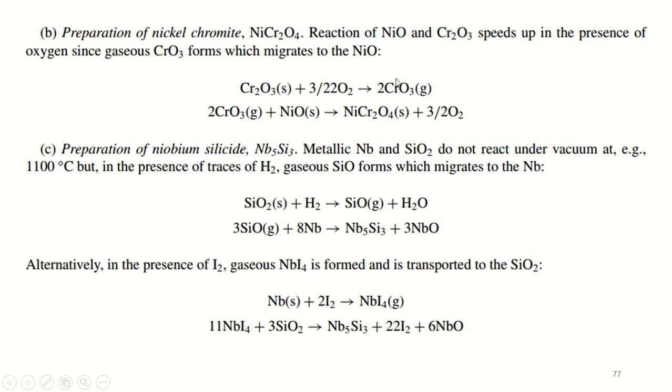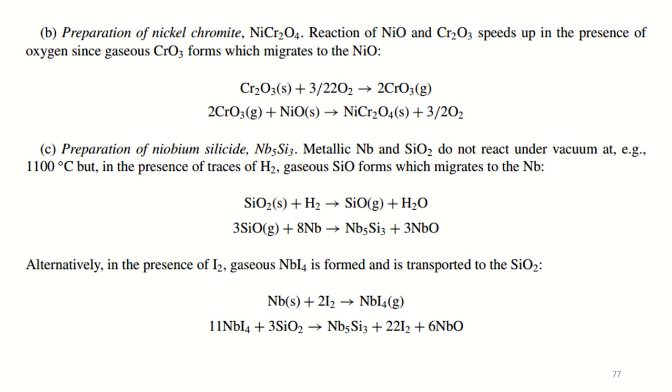In this equation, we can see that chromium oxide Cr2O3, which is solid in nature, is reacted with oxygen and changes into chromium oxide CrO3, which is a gaseous molecule.